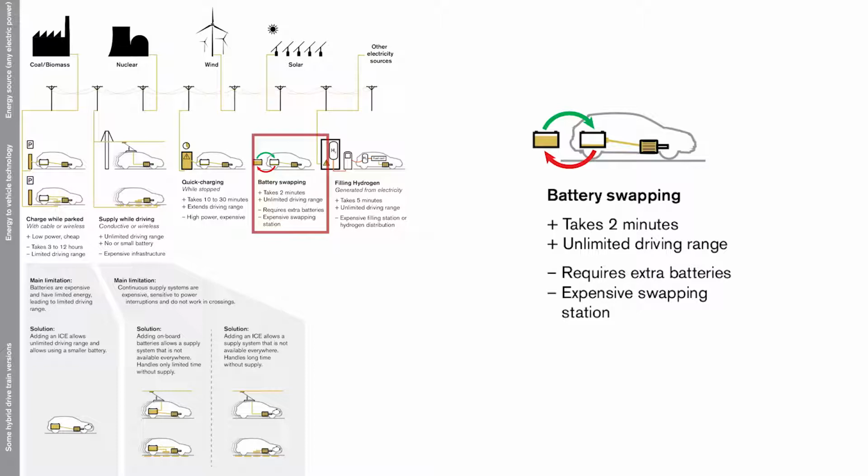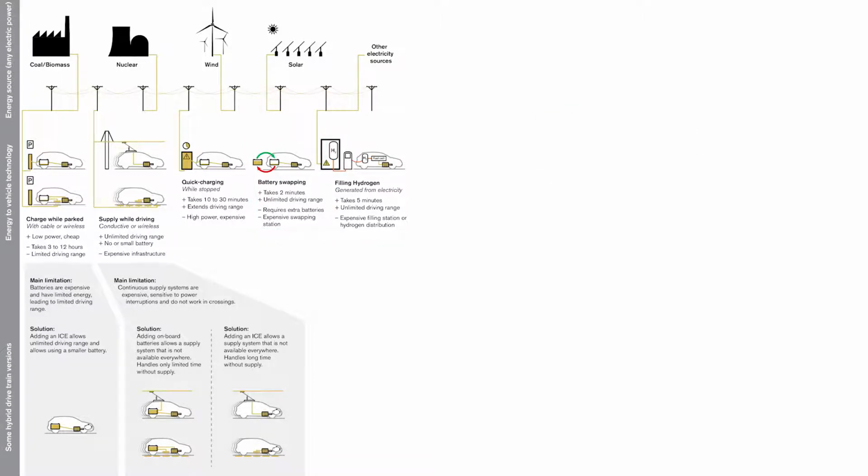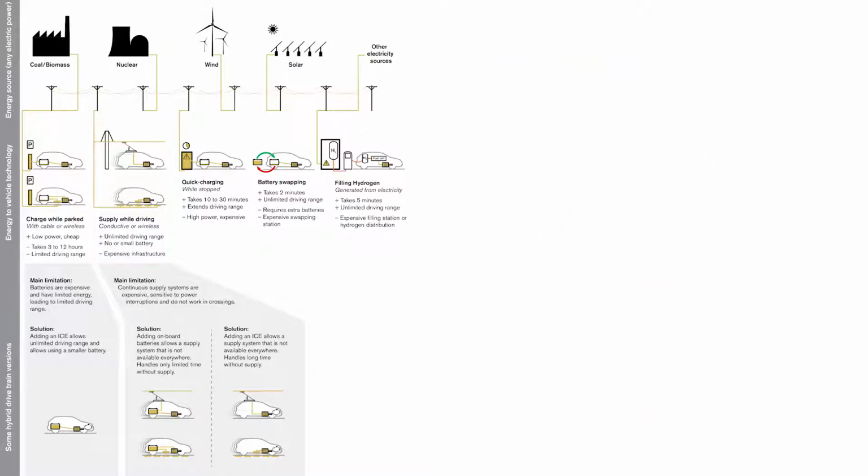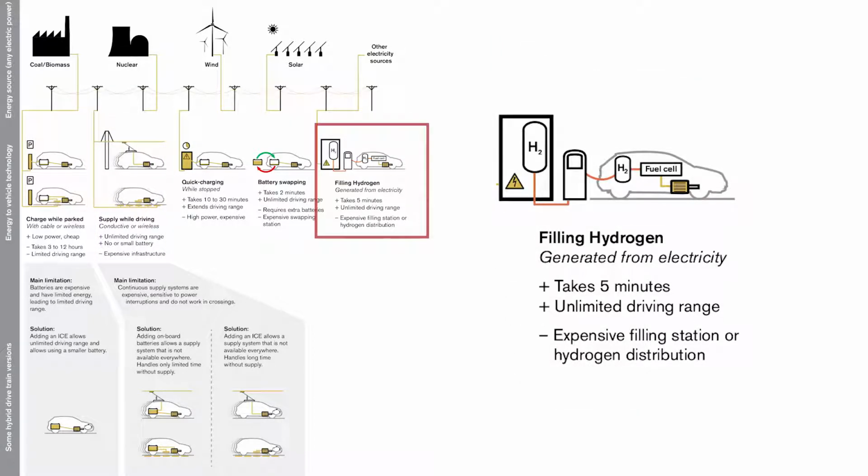Batteries can also be switched, that is, discharged batteries are replaced with fully charged ones. It is also possible to supply a vehicle with energy while it is in motion. And lastly, hydrogen can be produced via electrolysis and stored in tanks. As shown in the figure, each of these technology options have their advantages and disadvantages.